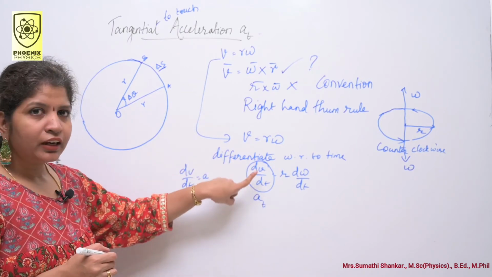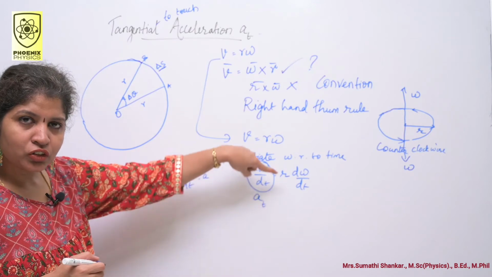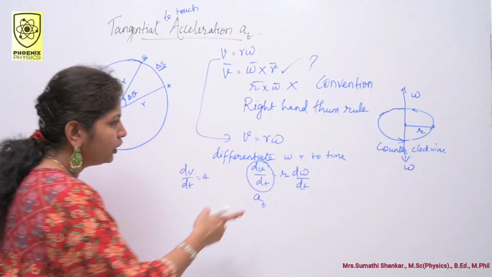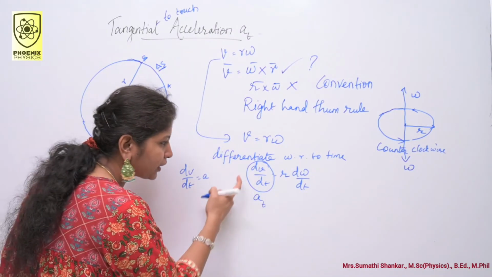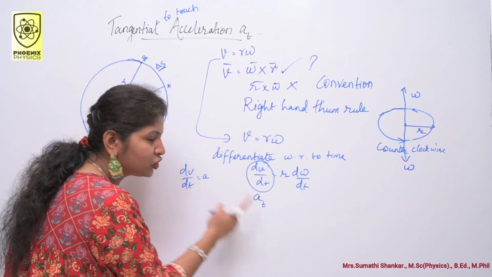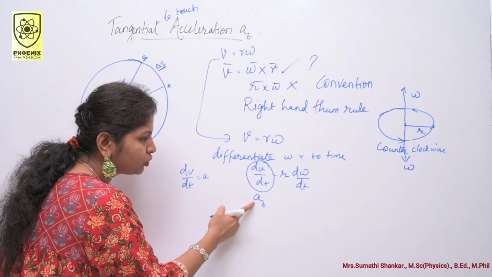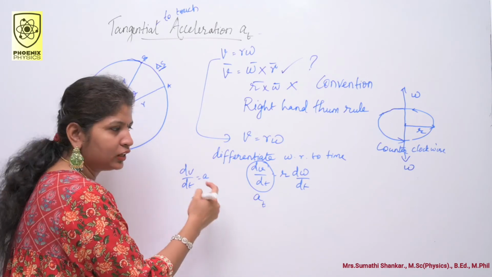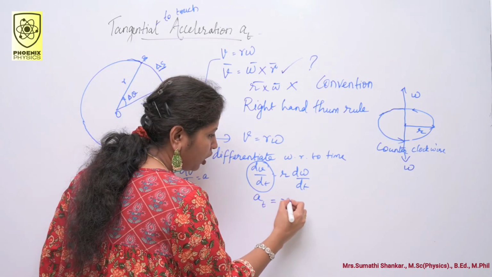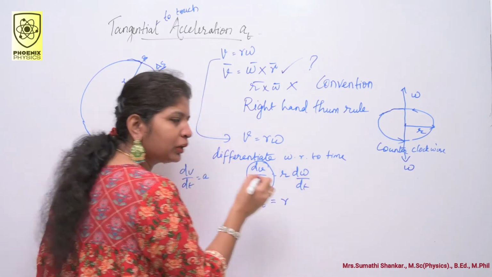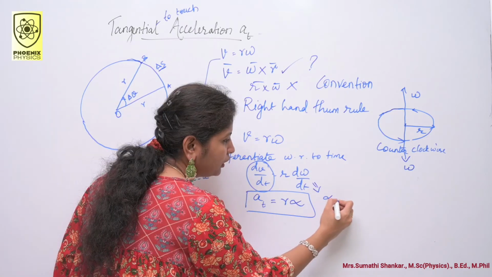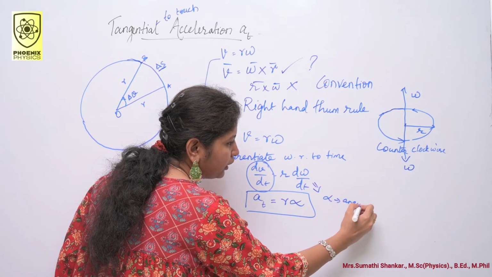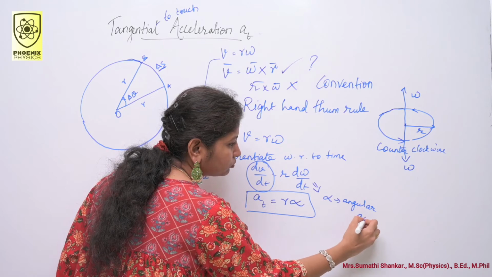Here v is tangent to the circle, that is why this is tangential acceleration. So this acceleration is called tangential acceleration and it is denoted by a suffix t, that is equal to r times what? What is this d omega by dt? Alpha, that is angular acceleration.